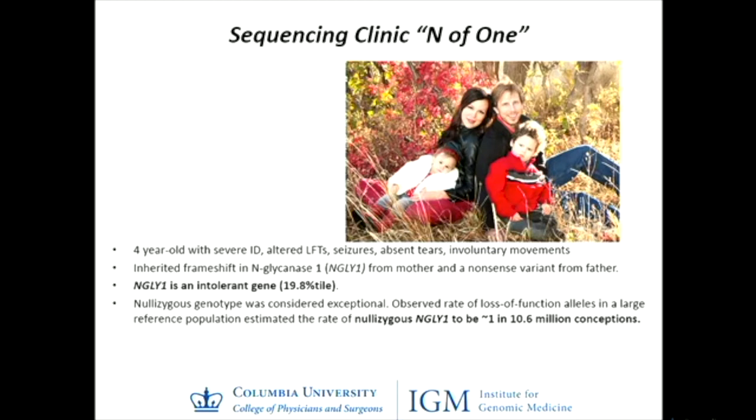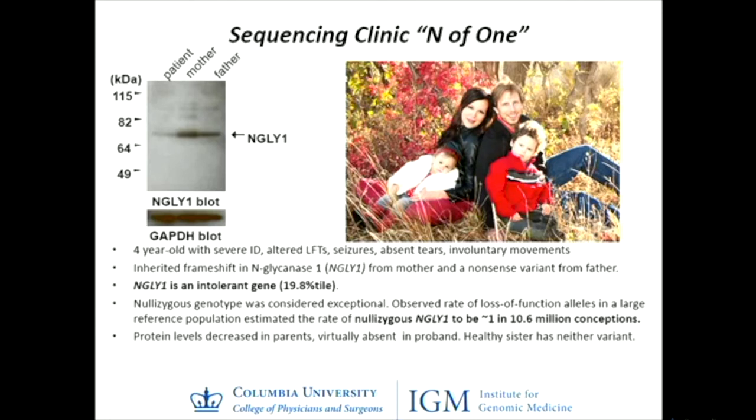So this was not an indication that this was pathogenic, but it was a clear indication that something has happened here that doesn't usually happen and that we should probably consider this quite carefully. When the protein levels were assessed in mum, dad, and Bertrand, they were found to be decreased in the parents and virtually absent in Bertrand. Fortunately, his younger sister, who's healthy, had inherited neither of the variants, so she was not even a heterozygous carrier of one of those.